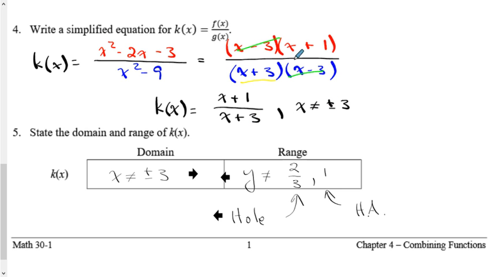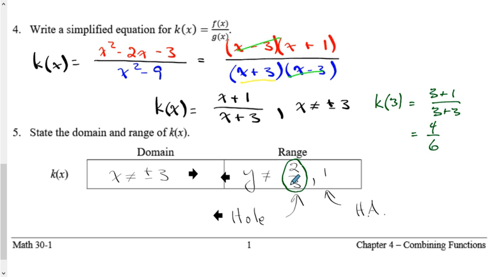That's where the hole came from. So if I plugged that +3 into here and said, well, what's k of 3, ignoring these restrictions, I'd get 3 plus 1 over 3 plus 3, which gives me 4 over 6, and that reduces to this 2/3. So that's where I'm getting that gap in my range.